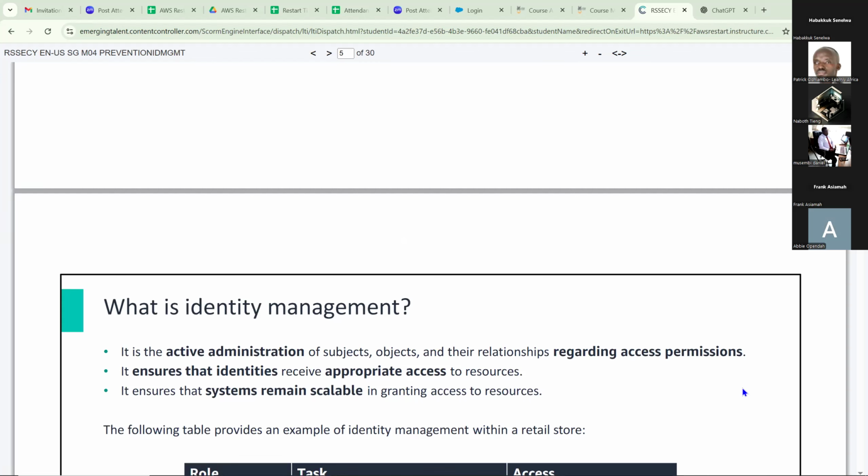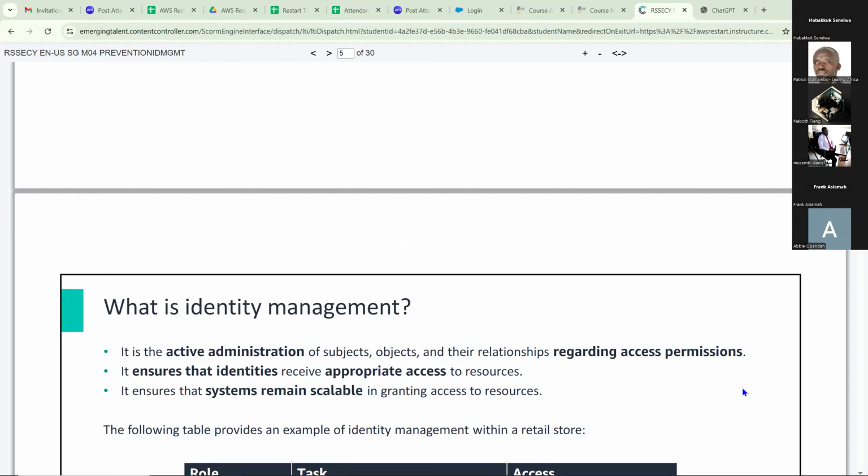And remember, this is a precursor to what we'll be doing on Monday. On Monday, we'll be doing IAM. And IAM is part of identity management. So you will get to understand how to implement what we are discussing now, maybe more closely to the cloud. And then you'll see services in AWS that work hand in hand with IAM, to ensure that you are able to implement identity management.